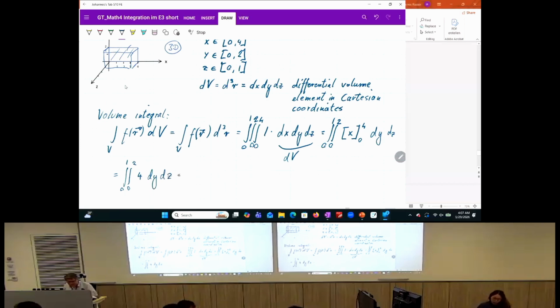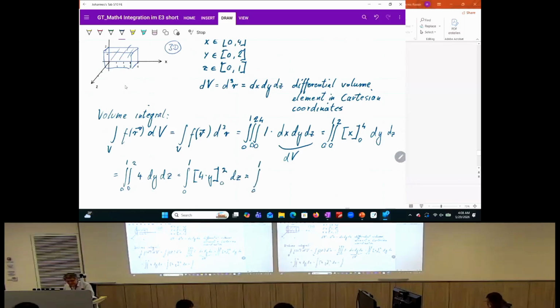You perform the next integral step. That means you integrate over the y component. You leave the z here, and that gives you 4 that remains here times y, the boundaries for y are from 0 to 2, dz, and then you integrate from 0 to 1.